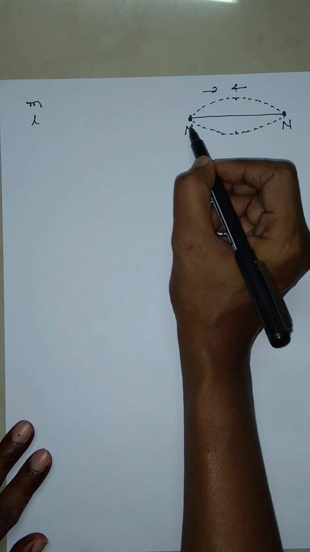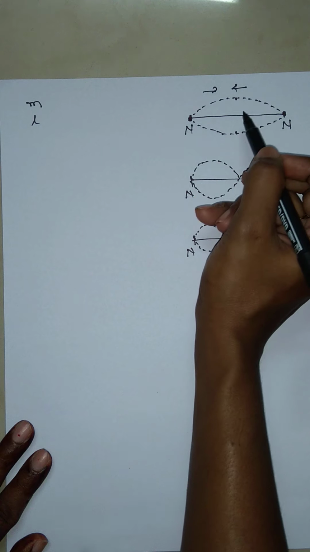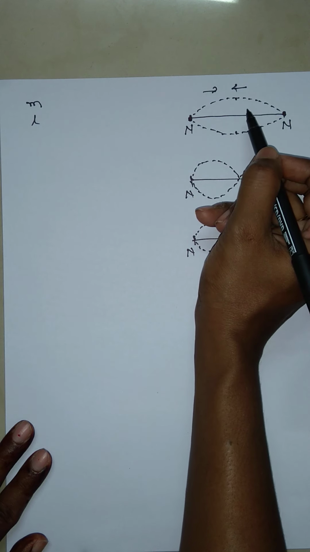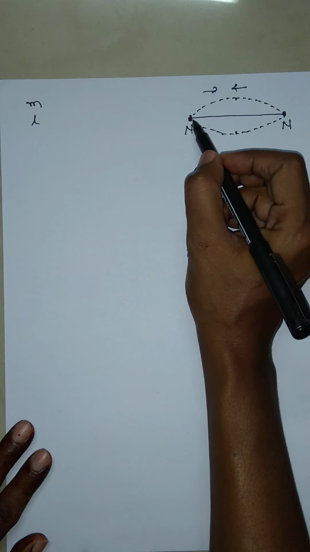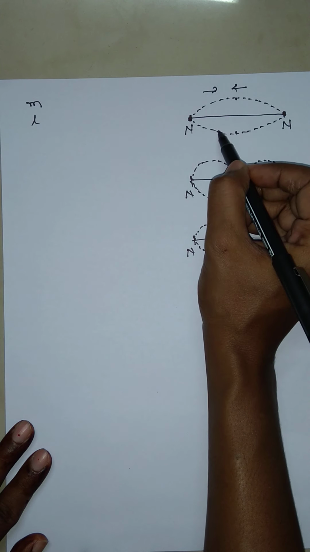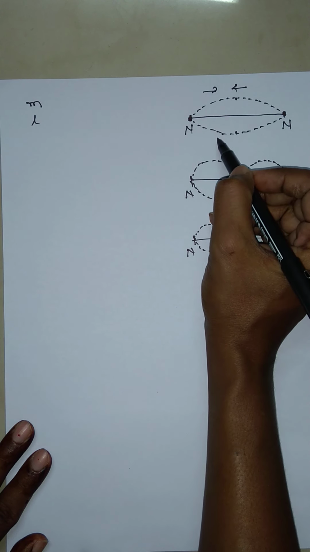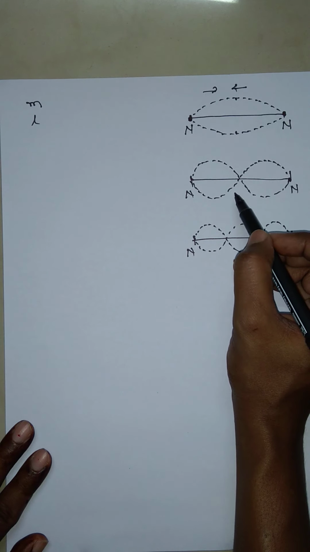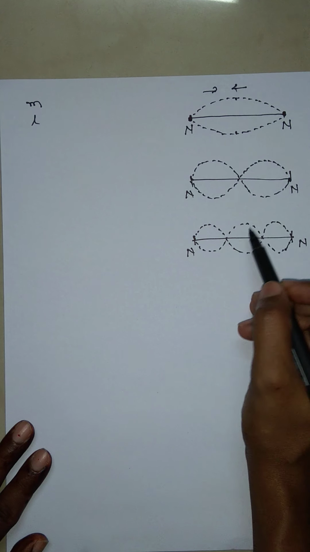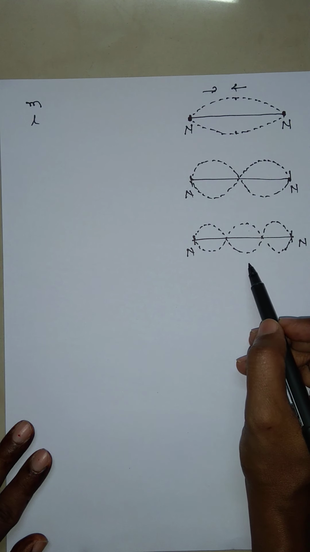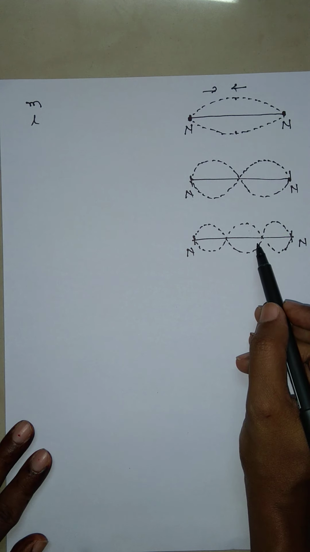What you will observe is that at certain wavelength, at certain point, you will observe a standing wave like this. If you go on changing the frequency, or if you go on changing the wavelength, you will observe various loops formed in your stretched rope.